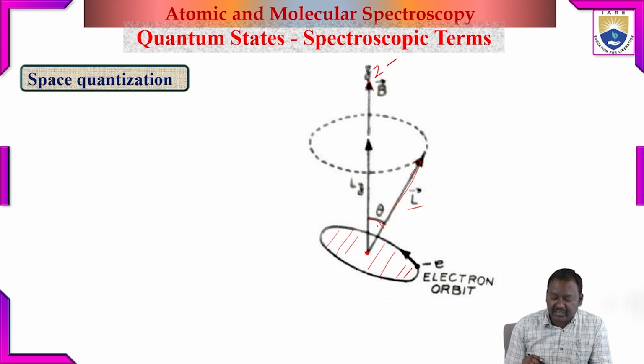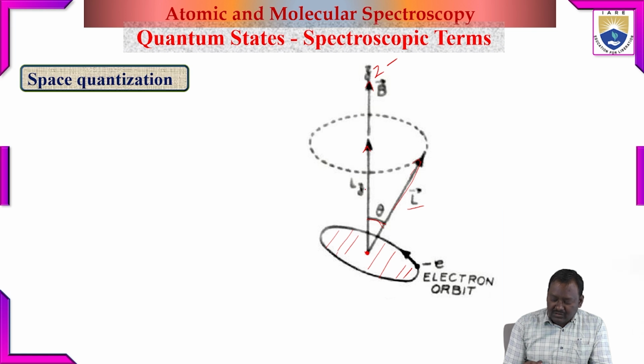That is theta here. We are assuming theta is the angle between the orbital angular momentum vector L bar and the applied magnetic field B bar. And here Lz is the orbital angular momentum component along the z direction or field direction.